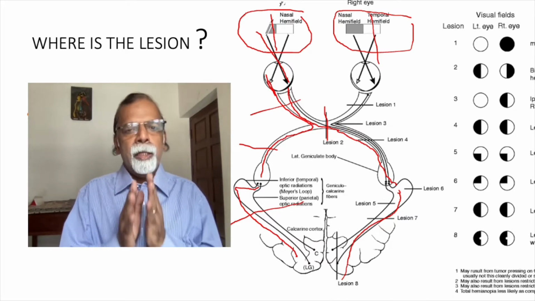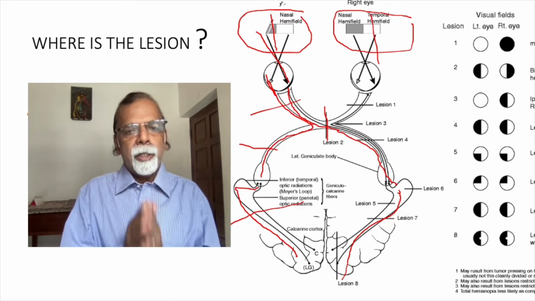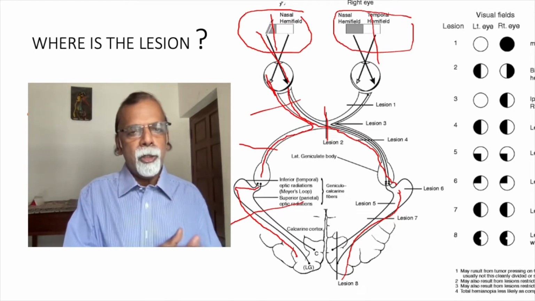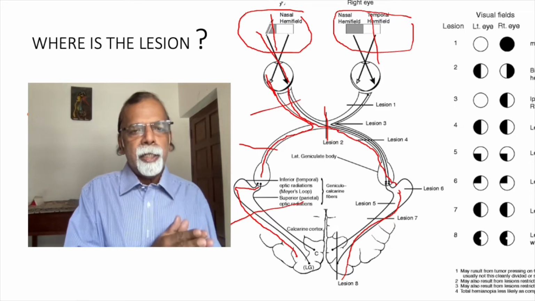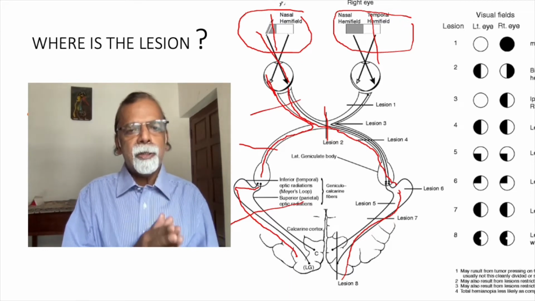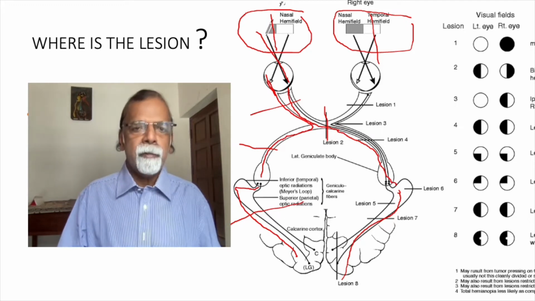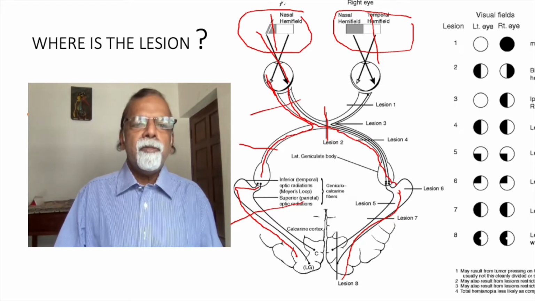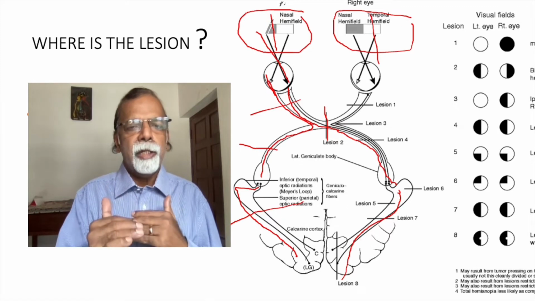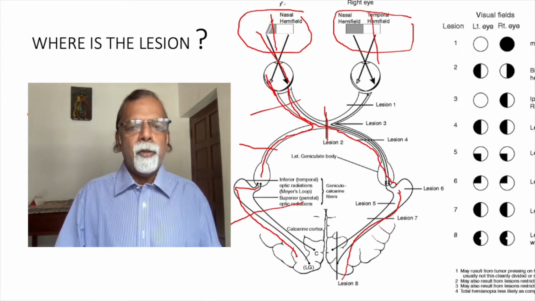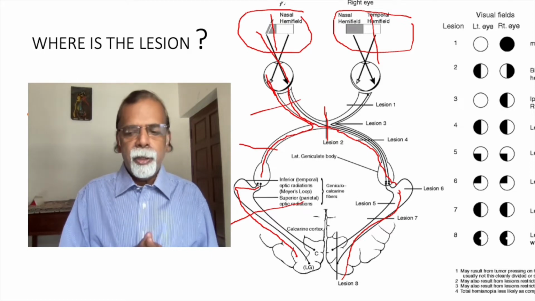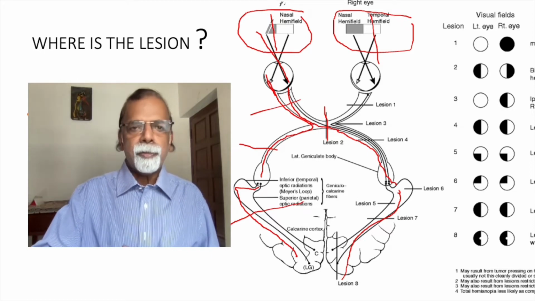That is, a right-sided retrochiasmal lesion will produce left homonymous hemianopia and a left-sided retrochiasmal lesion produces right homonymous hemianopia. This is an important point to be kept in mind. Then we have to differentiate the differences between an optic tract lesion and an optic radiation lesion. We will discuss this.